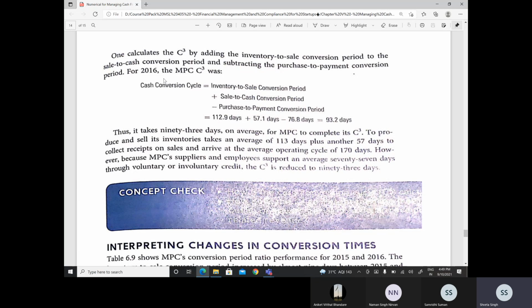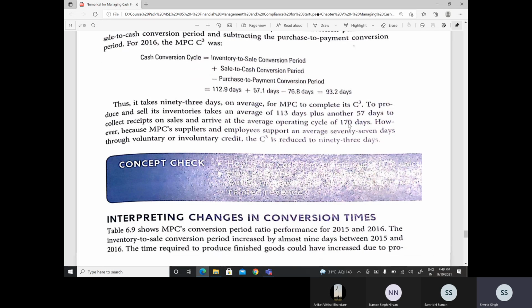So for 2016, the MPC C3 was the inventory to sale conversion period plus sale to cash conversion period minus purchase to payment conversion period, which was 112.9 days plus 57.1 days minus 76.8 days, that is equal to 93.2 days.